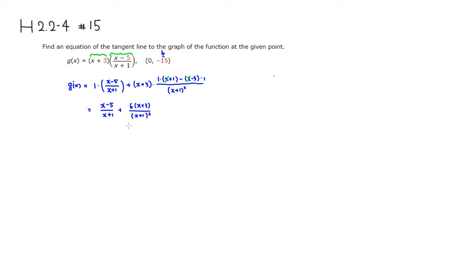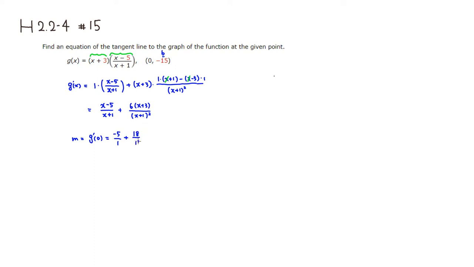In order to find the slope m, all you have to do is plug in 0, so you have g prime of 0. That's going to be negative 5 on top and 1 on the bottom, plus 3 times 6 is 18, and (0 + 1) squared is 1.